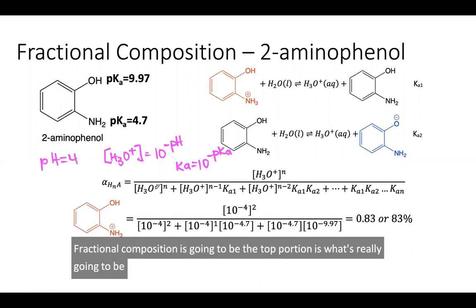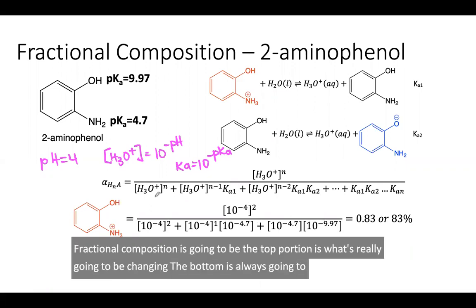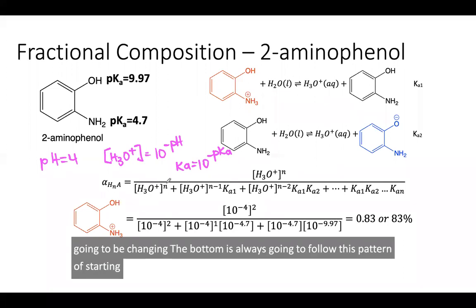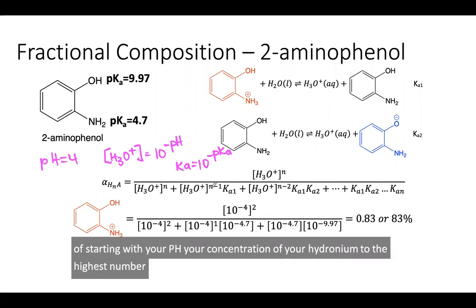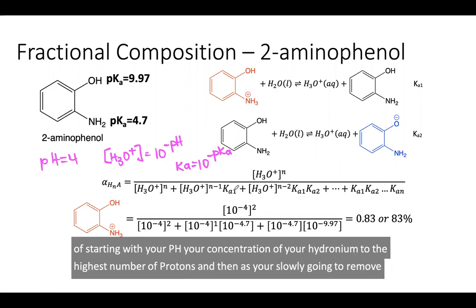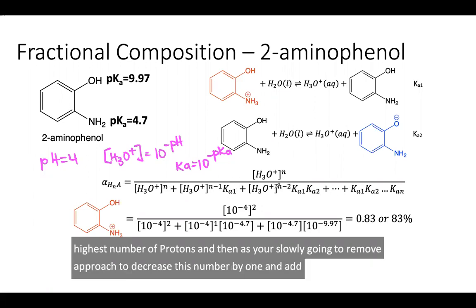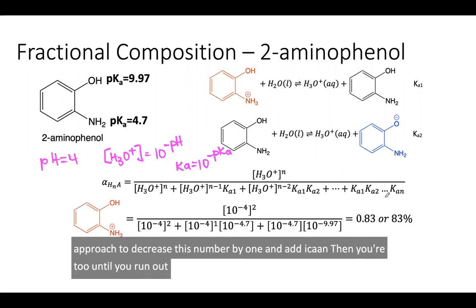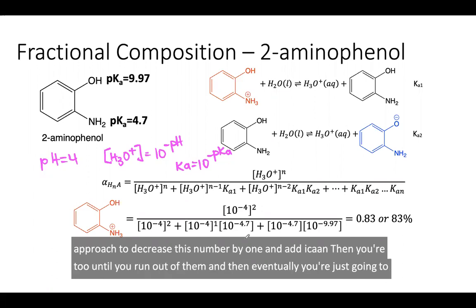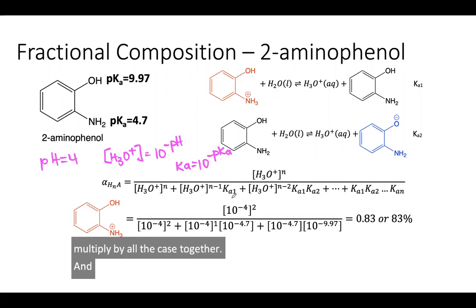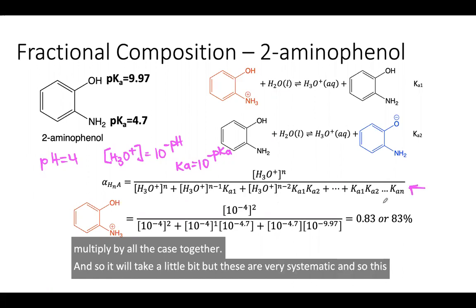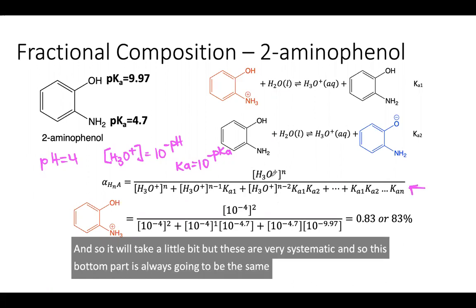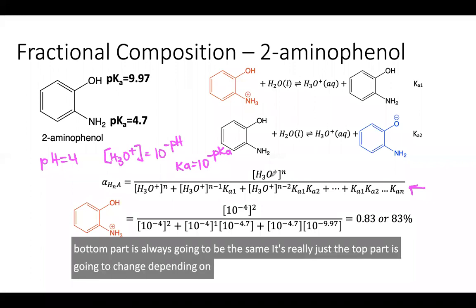The bottom is always going to follow this pattern of starting with your concentration of hydronium to the highest number of protons, and then slowly you're going to decrease this number by 1 and add a Ka, until you run out of them, and then eventually you're just going to multiply all the Kas together. It'll take a little bit, but these are very systematic. And so this bottom part is always going to be the same. It's really just the top part that's going to change depending on what composition you're looking at.